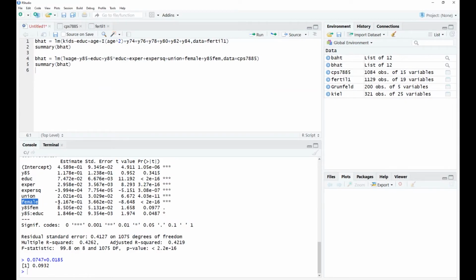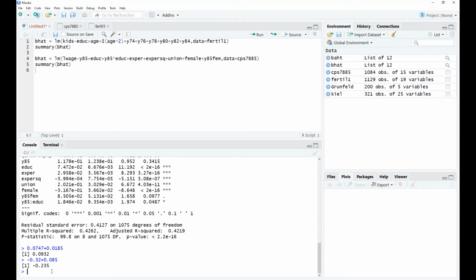Based on our results, we can see that the pay gap has decreased. The coefficient in 1978 was negative 0.32, and the coefficient associated with the interaction term was 0.085.